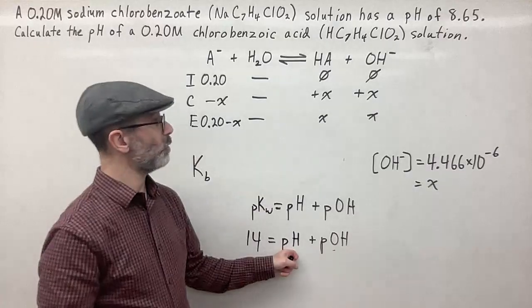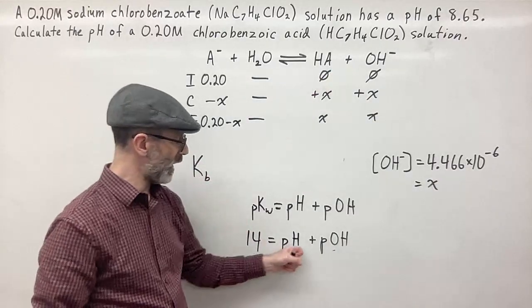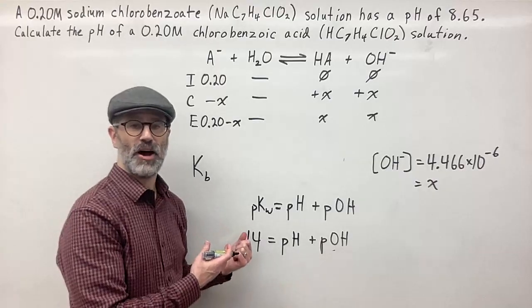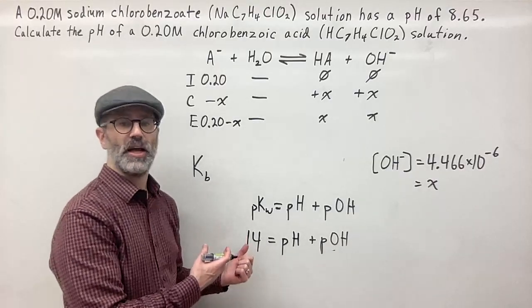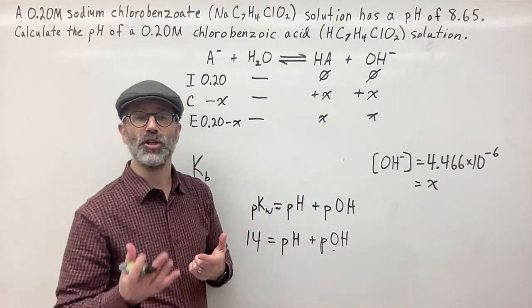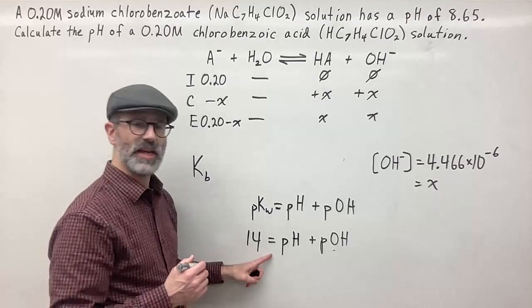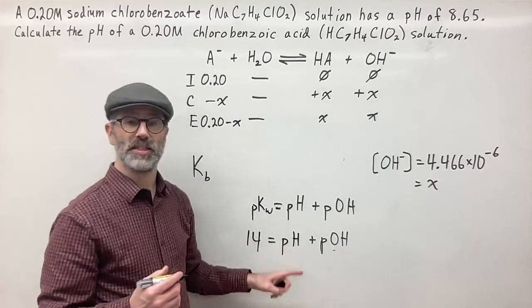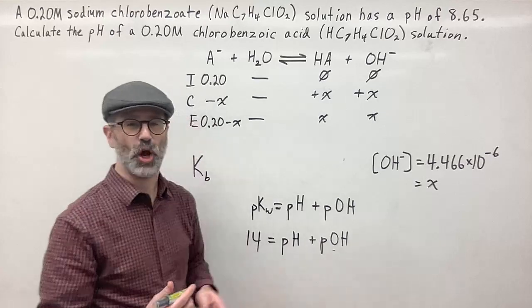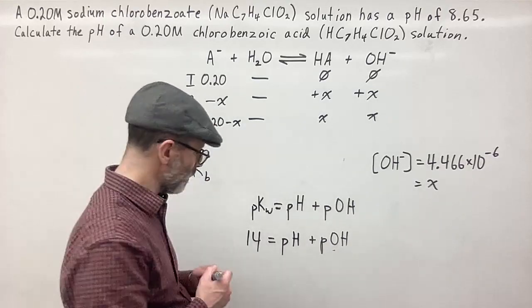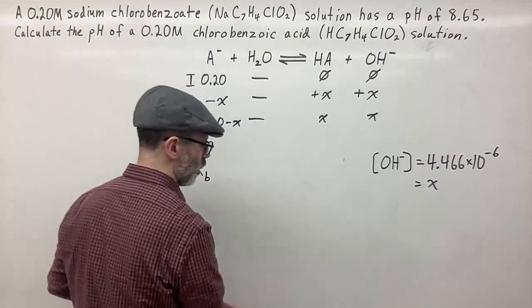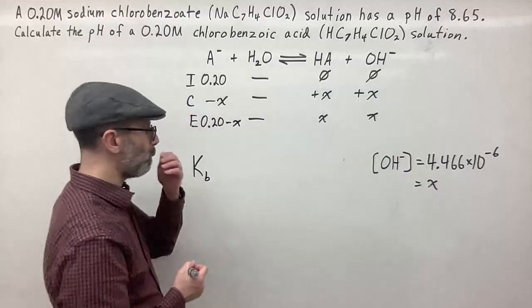Well, I know the pH is 8.65, plug that in, solve for the pOH, and then in the same way that I found the H+ concentration from the pH, undoing the log, I can do the same thing for the pOH, because the pOH is equal to the negative log of the OH- concentration. So you could have done it that way as well. I just wanted to clarify that, because there's more than one way to solve a problem.